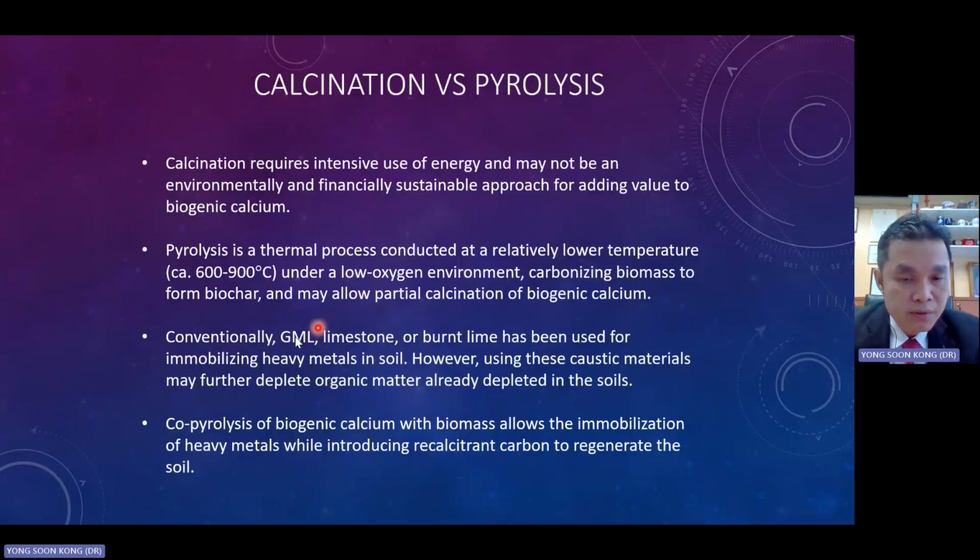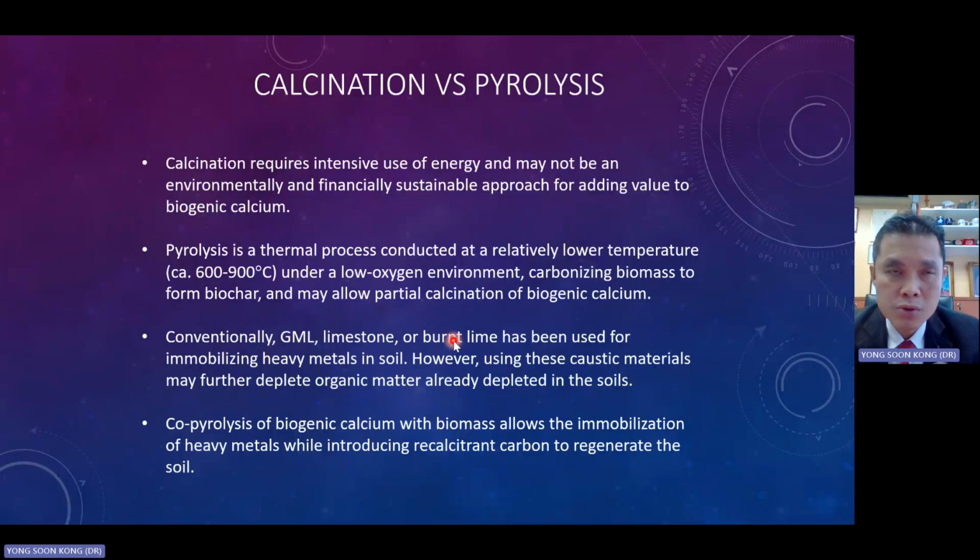So conventionally, ground magnesium limestone or burnt lime has been used to immobilize heavy metal. Now, those are minerals that increase the pH, and that's it. It does not do anything else. So imagine if the soil is limed constantly with all this material, particularly marginalized soil.